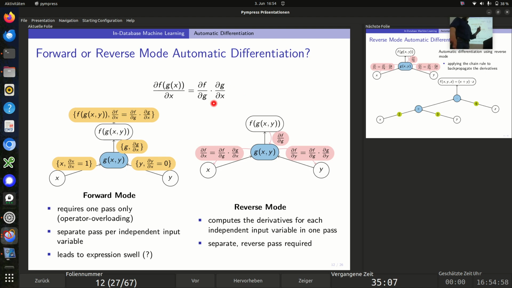All the partial expressions are derived once, so for every partial expression we have one partial derivative. And the difference now is, what do we compute first? Do we first compute the inner derivative or the outer one? If we compute the inner one first, this is called forward mode. And if we first compute the outer one, this is called reverse mode.